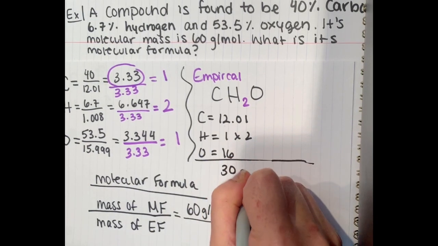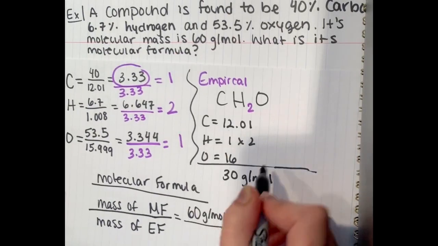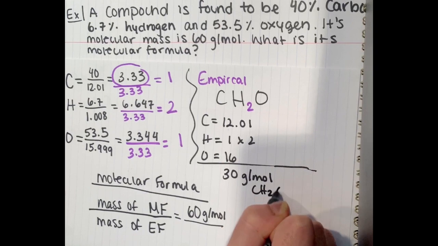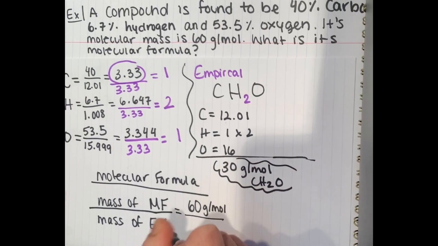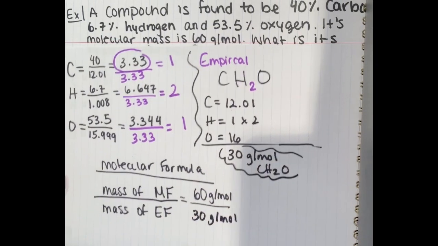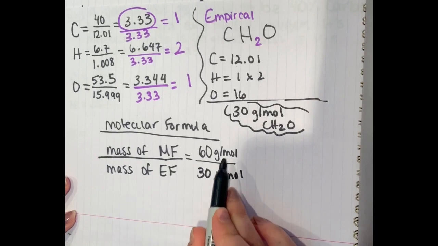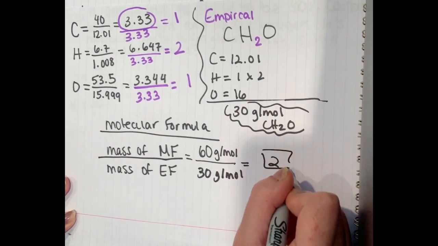So 30 grams per mole for the molecular weight of the empirical formula. Now I'm just going to plug that in over here. If you do 60 divided by 30, you'll get 2, which, like we said, we'll always get a whole number.